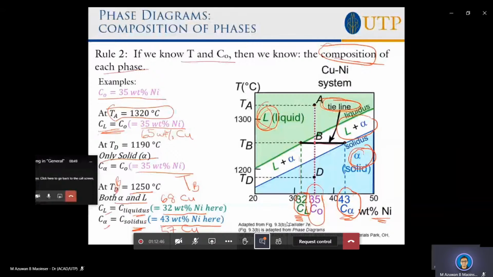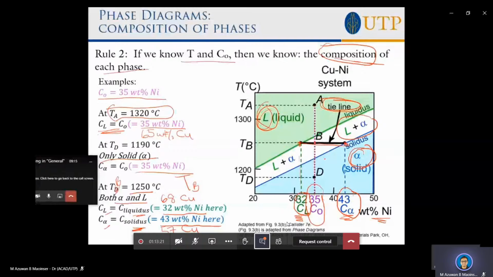Again, you draw a tie line until you reach the boundary, to the right and to the left, where it intercepts the liquidus line, that's the composition of your liquid. Where it intercepts the solidus line, that's the composition of your solid. Simple as that. Just by drawing a line, you will read the composition of each of the phases.